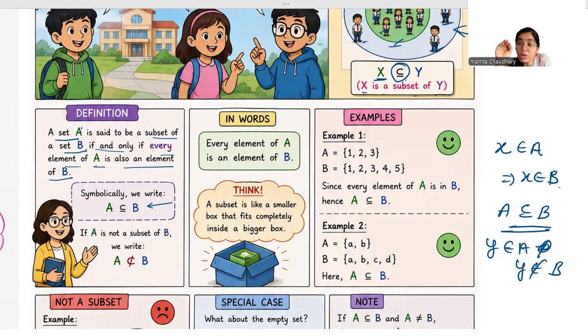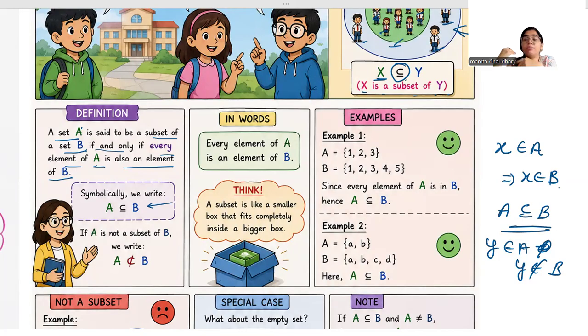There will be other classes' children also who live nearby to the school. So the set of all the children who live nearby to the school will not be a subset of your class.